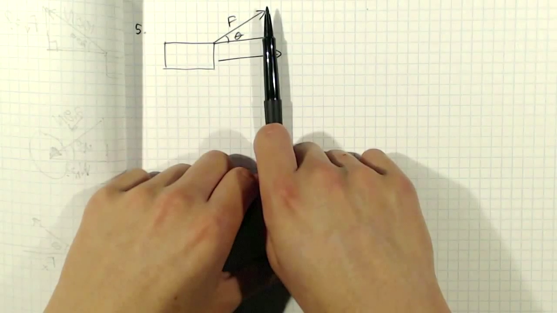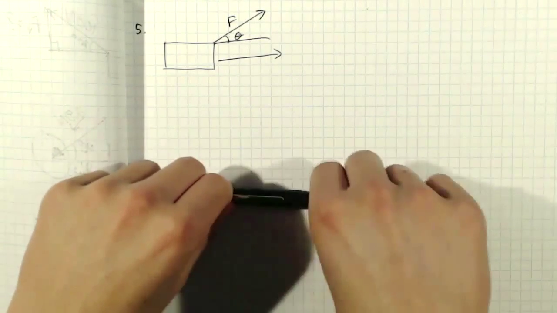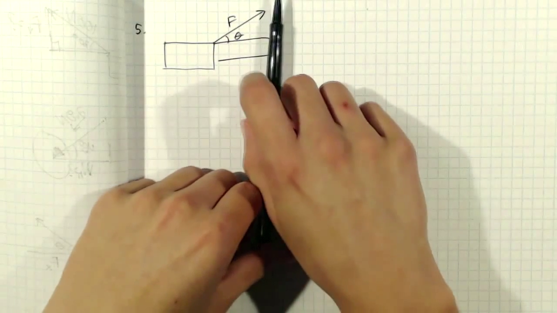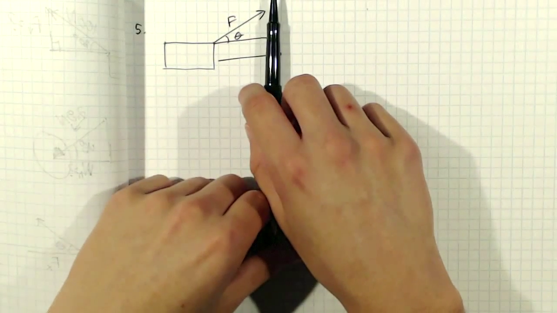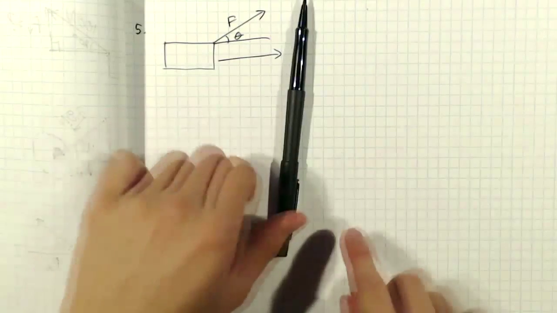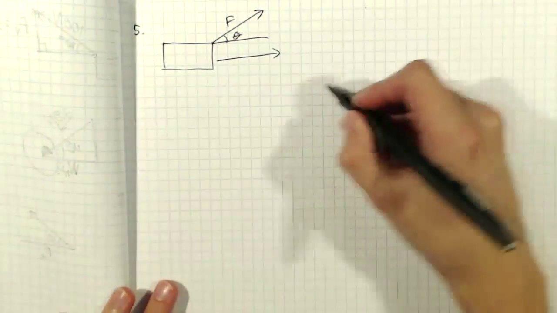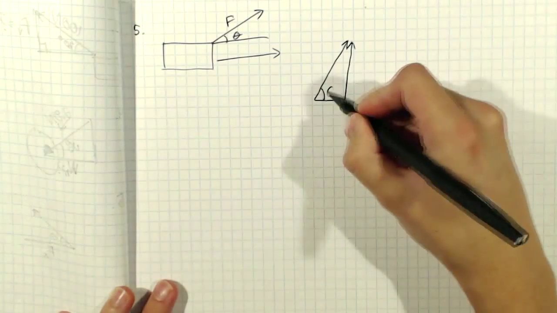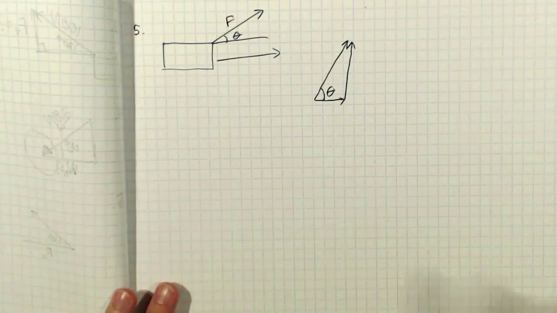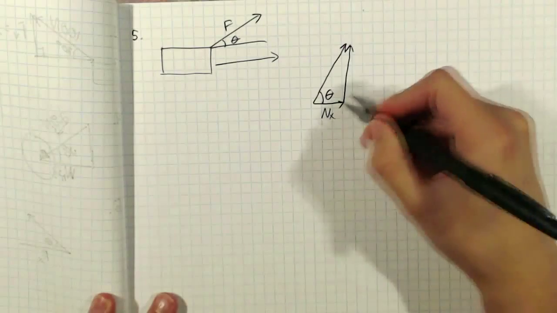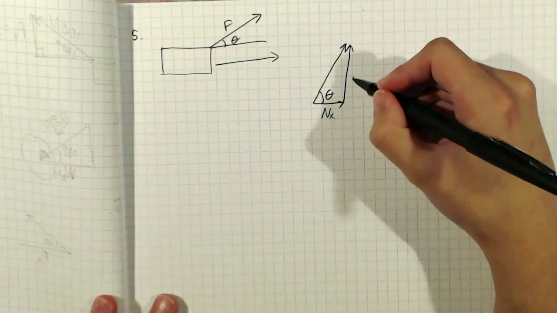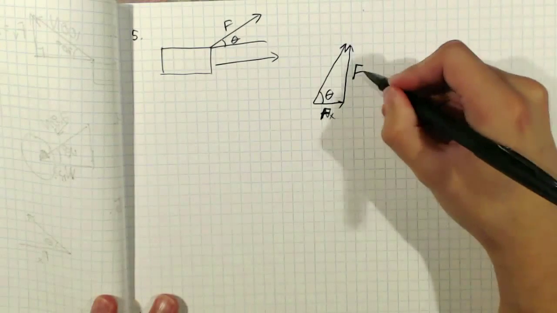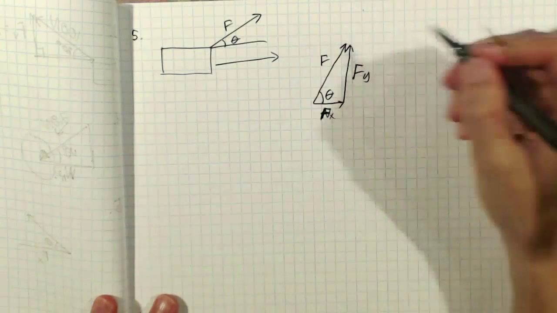So as the angle increases, as it goes from 0 higher and higher up to 90, the acceleration of the box is going to decrease because the horizontal component of this force, for example, if we have it like this with a big angle, there's only going to be a little bit in the horizontal direction and a lot, sorry, this should be F, and a lot in the vertical direction.